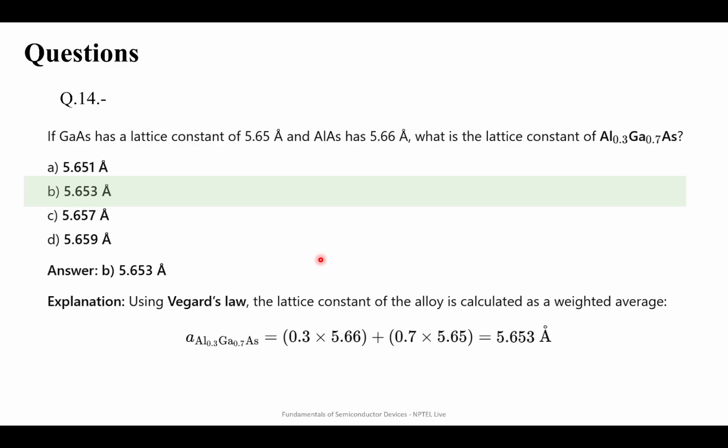5.657 will come in, sir. What? 0.3 into 5.66 plus 0.7 into 5.65. Wait a second. Okay, so C will be the answer, 5.657.